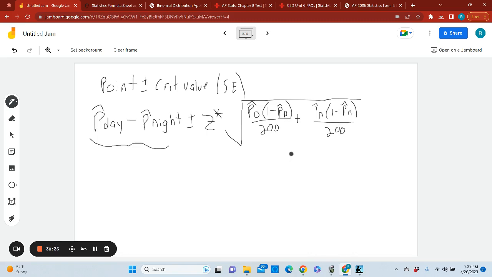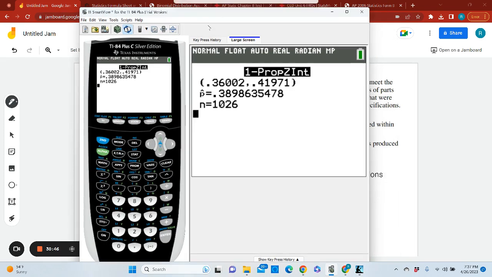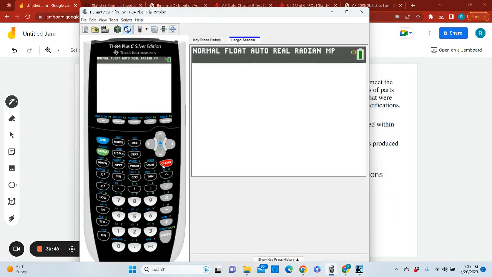Okay. So now we just got to plug things in here, right, to show our work. So we got to figure out our P hats. On the day shift, we were 188 out of 200.